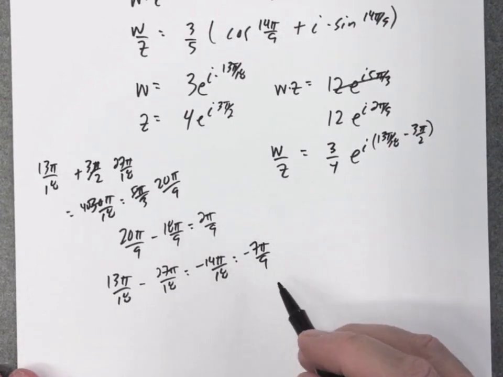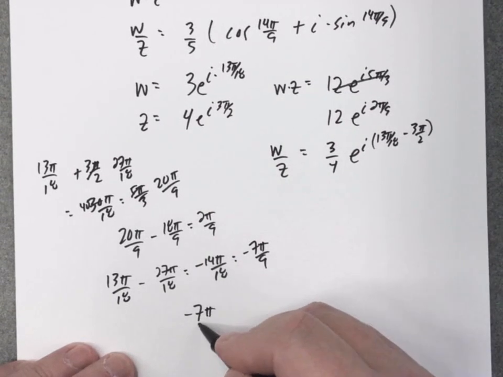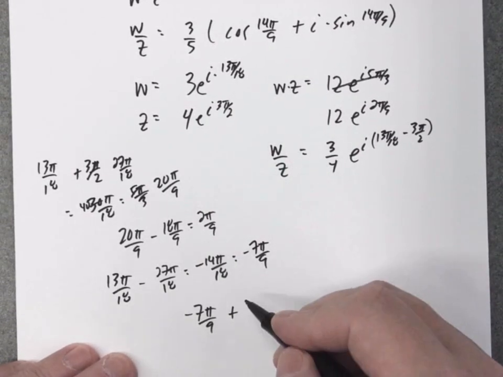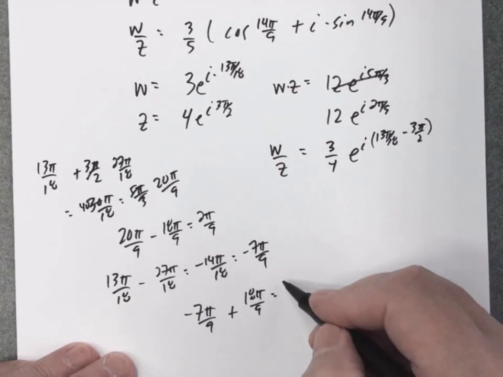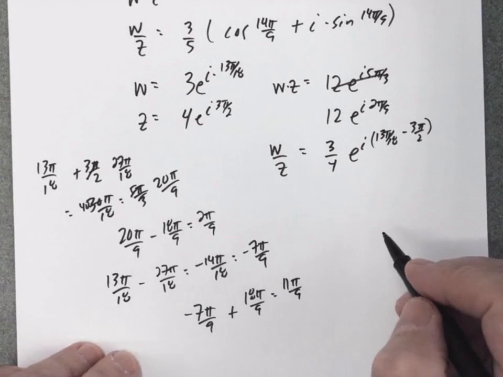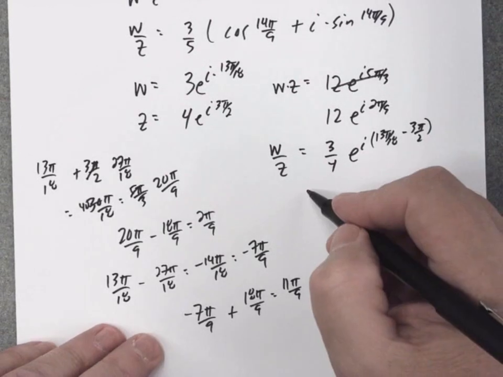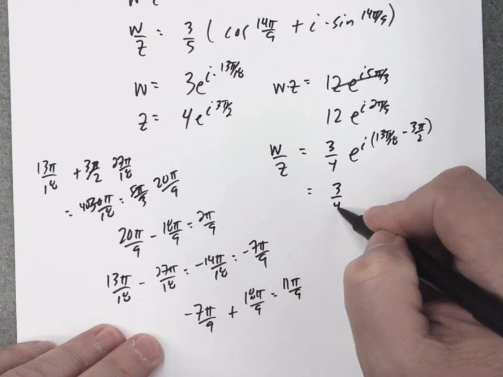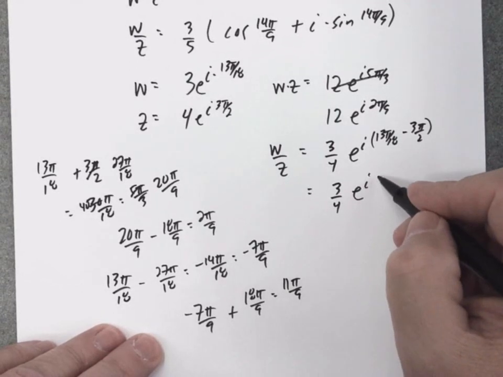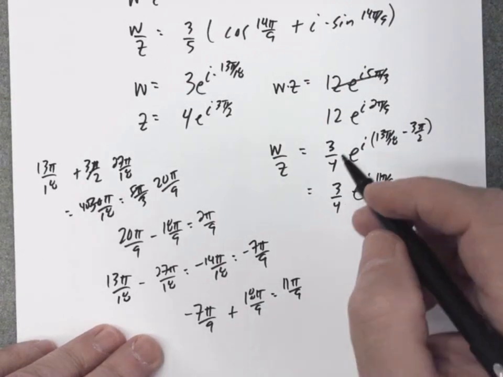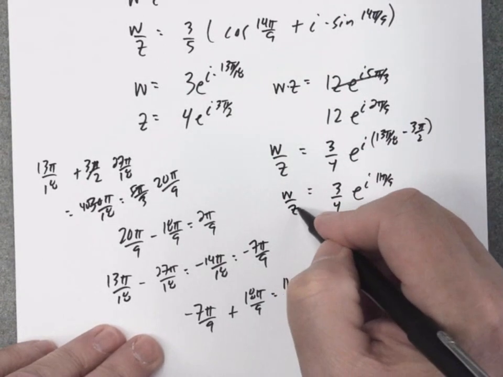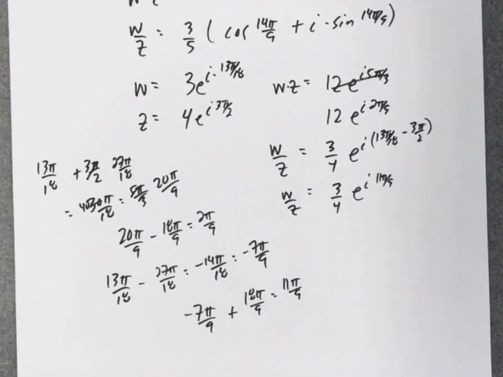Once again, it's not between 0 and 2 pi. Coterminal angle. I'm going to add 2 pi, which is 18 pi over 9. That should be 11 pi over 9. And then in this case, that is correct. e to the i 11 pi over 9. All right, as long as you're careful with your math, you should be able to get these correct answers.